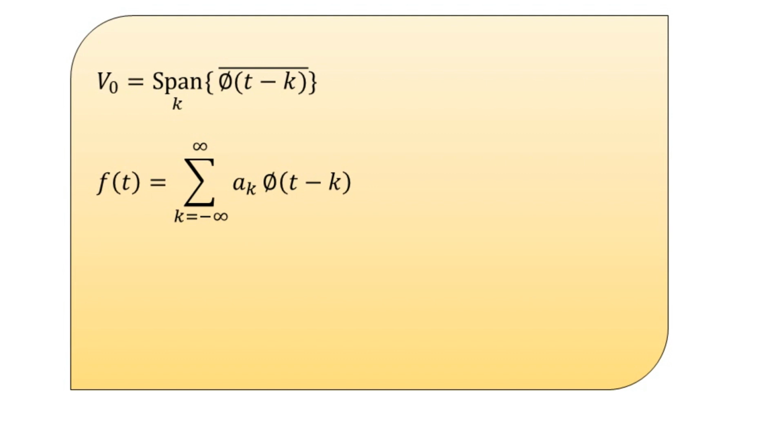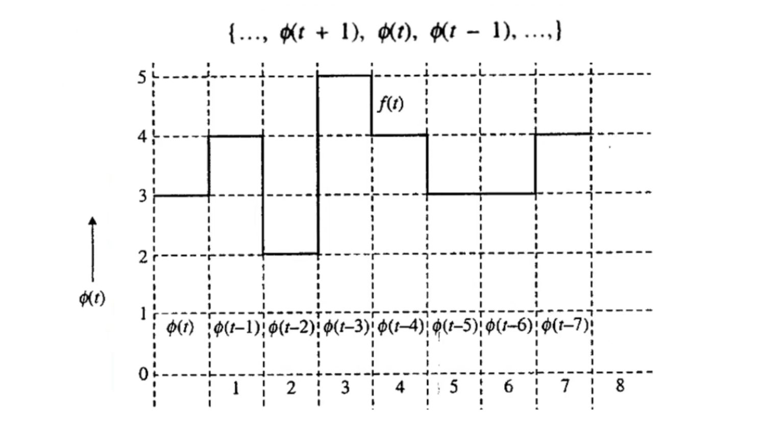So the set of all such signals will constitute the function space capital V0 that we have defined in the first equation here. Going back to the earlier illustration on the previous slide, the signal represented by the solid line I have already discussed.